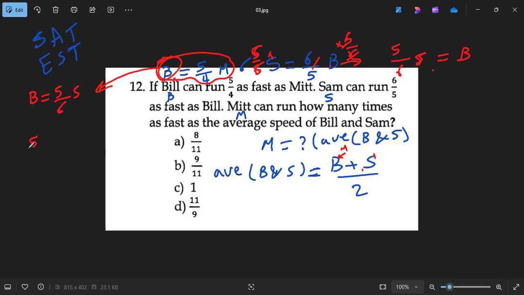So 5/6 of S equals 5 quarters of M. I need just S equal to what? You can multiply by 6/5 again on both sides, flipping the other one.